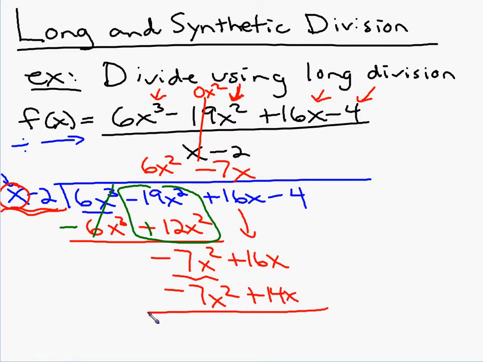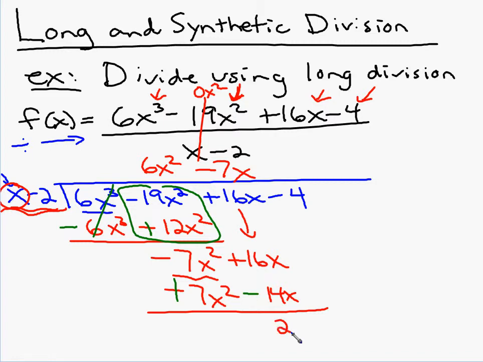It looks a lot like regular old long division that you learned several years ago. Now I have to change the signs. Don't forget that part. This will become a plus. The next one will become a minus. Unfortunately, long division requires an eraser. And now I can combine my terms.